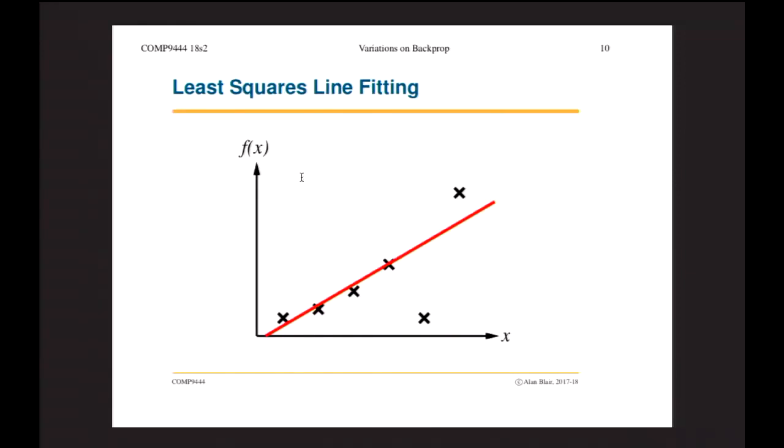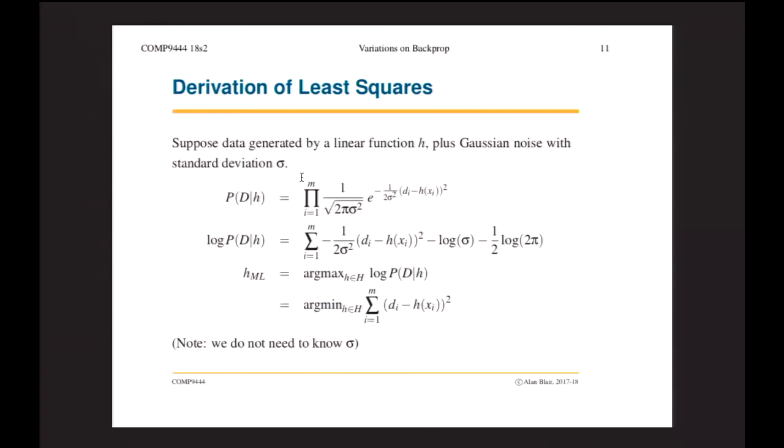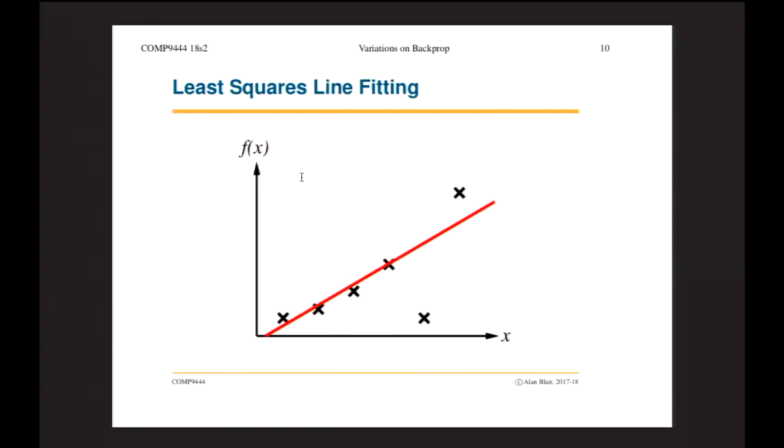So if we look at this line fitting, I think you've all been through this process in high school or in first year mathematics, where you're given some data and then you try to fit a line to those data, and the way we traditionally do it is you find the line which minimizes the sum of the squares of the distances from that line to the data.